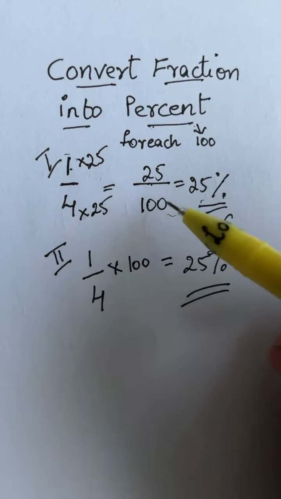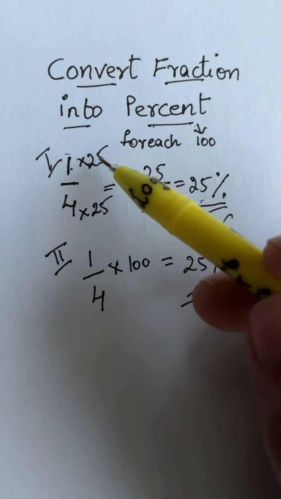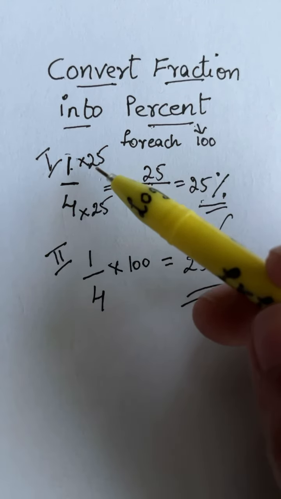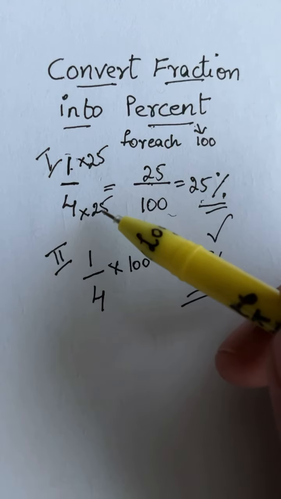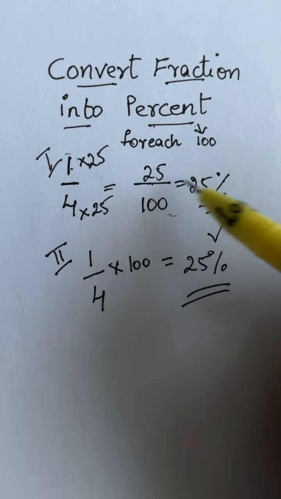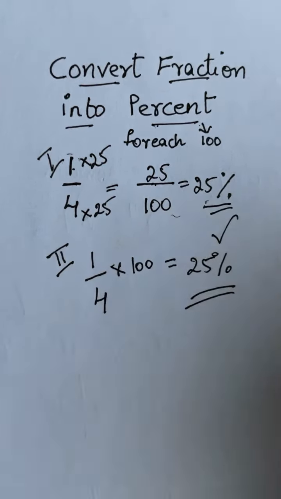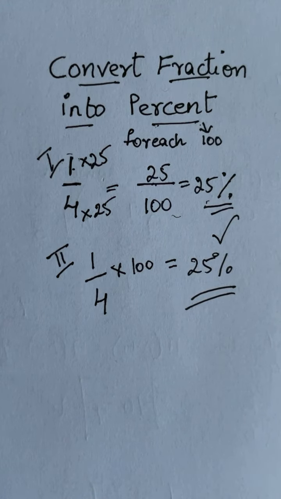First, you can make the denominator 100 by multiplying by a whole fraction, something in which numerator and denominator are both the same. That's 25 over 25. So we multiplied with 25 over 25 and we got 25 over 100. That's 25%.